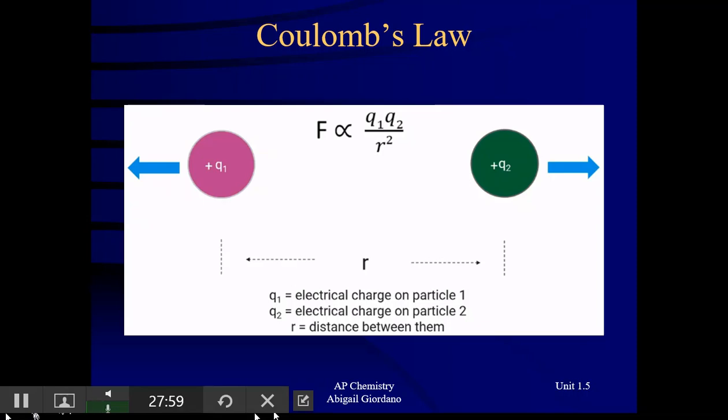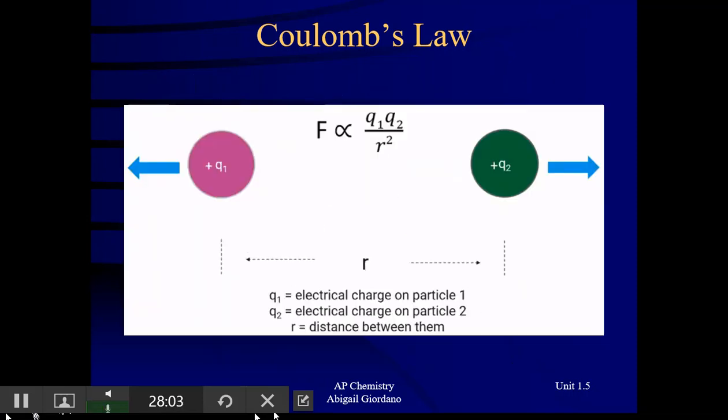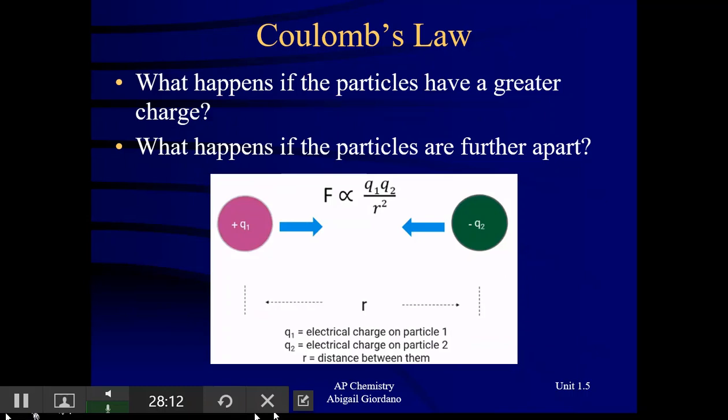Okay, now, there's 2 things to consider here. Let's look at this diagram one more time, all right? And we're going to change some factors, and I'll explain what the result would be.